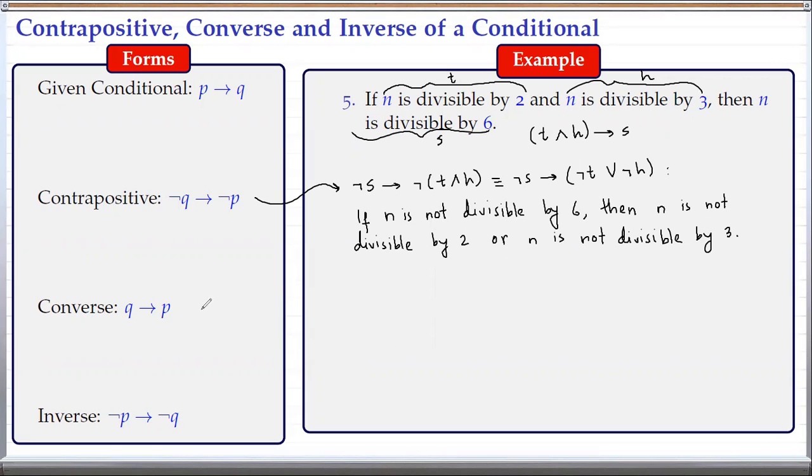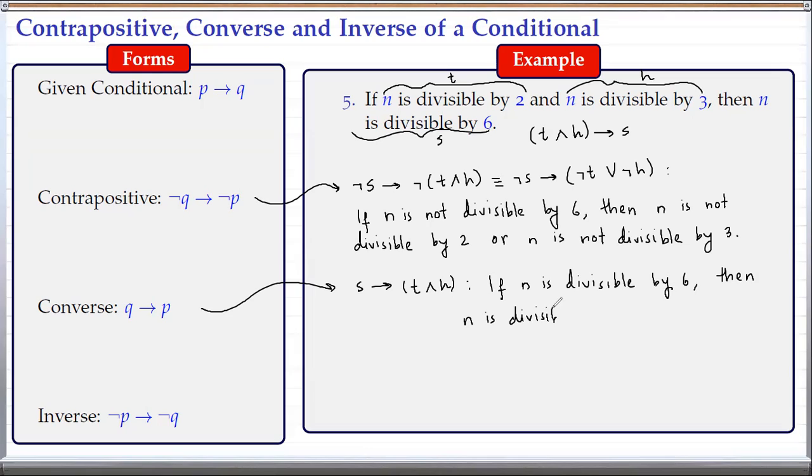Now let's look at converse. For converse, we just flip the direction. So it will become S implies T and H. This we can write as if N is divisible by 6, then T and H, then N is divisible by 2 and N is divisible by 3.